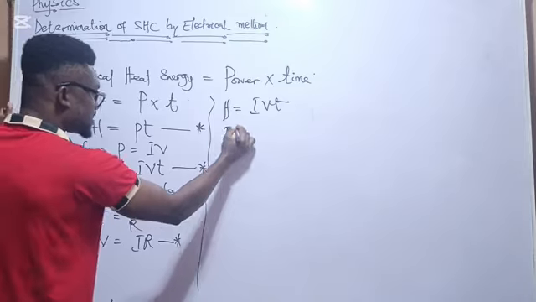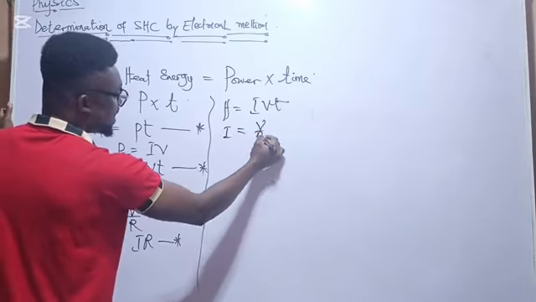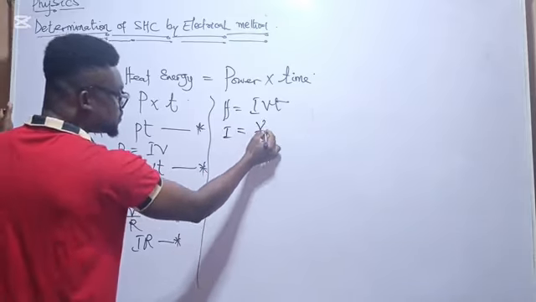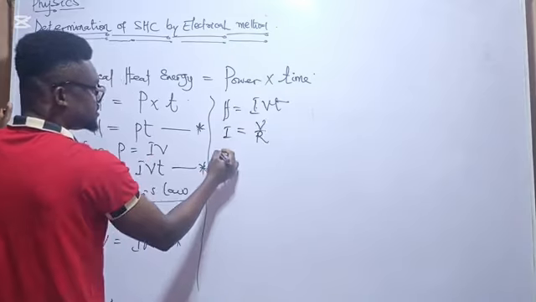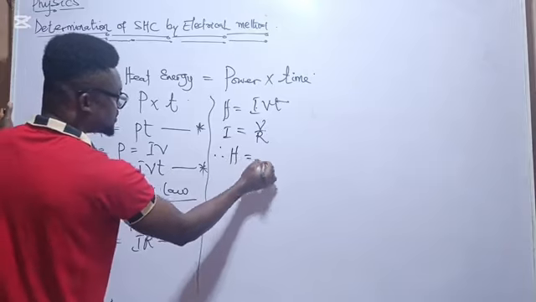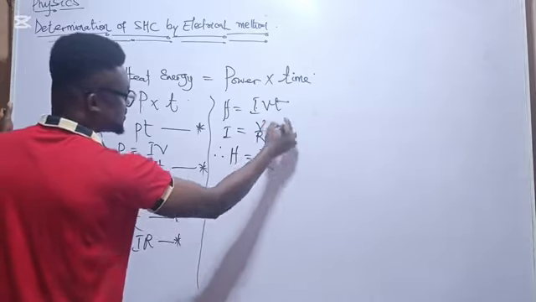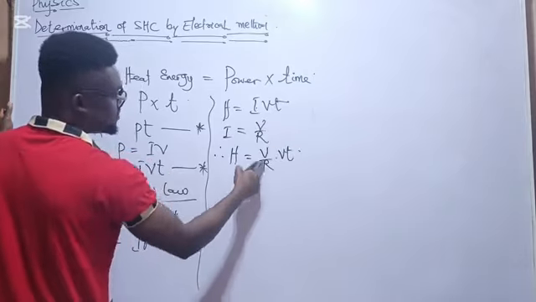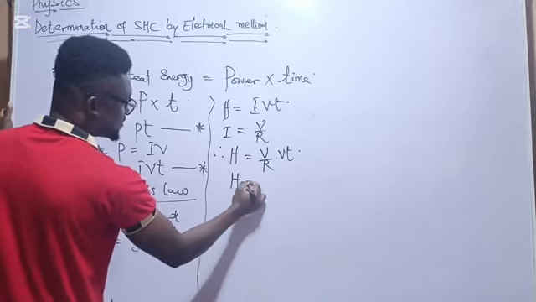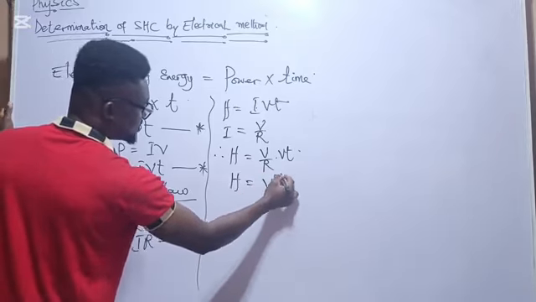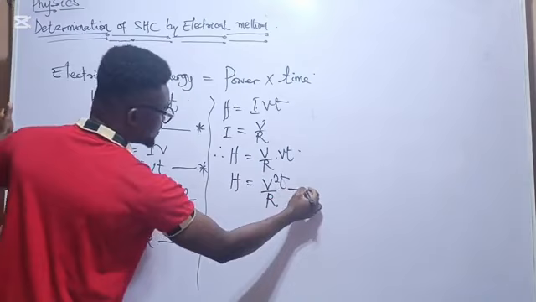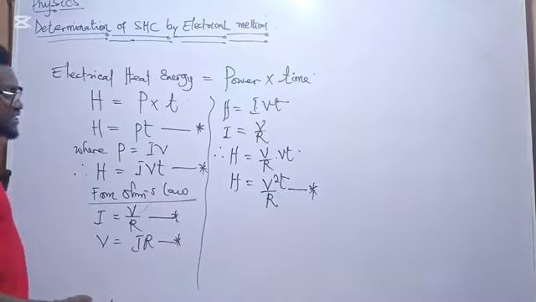Then we said that current is equal to V over R. If you substitute this current here, then we have heat equal to V over R times VT, right? If you multiply this, you have H equal to V squared T all over R. Then you get another form of the formula.